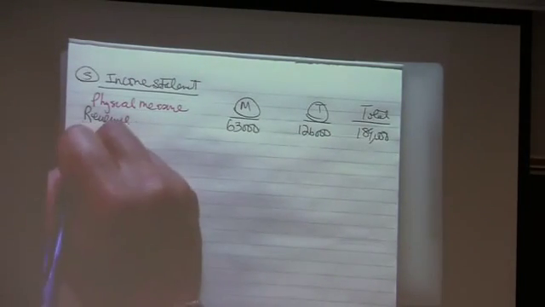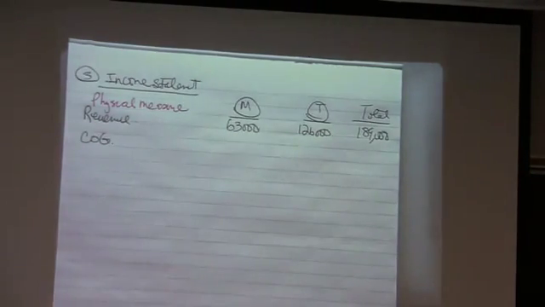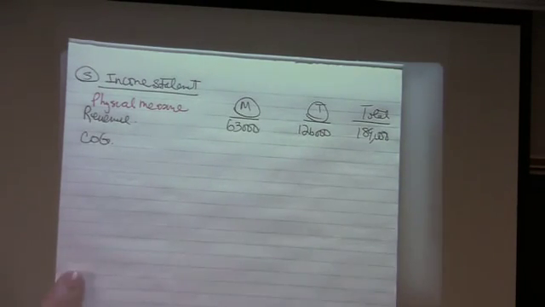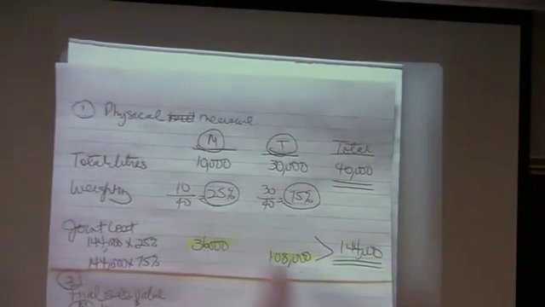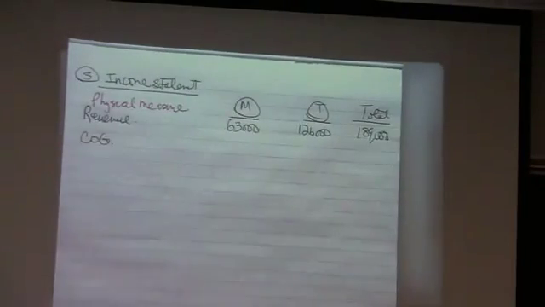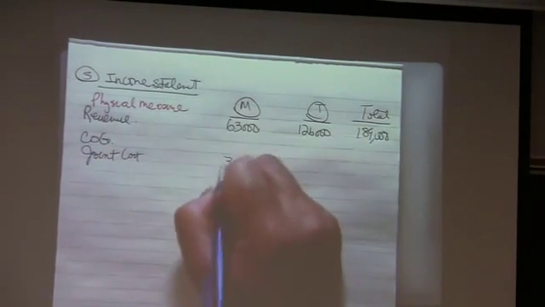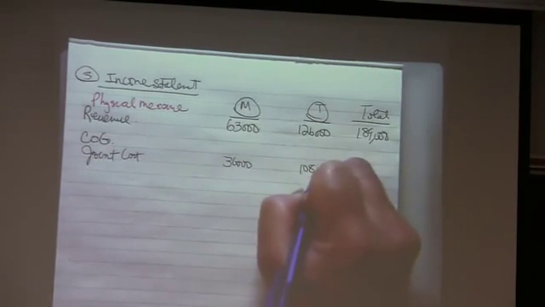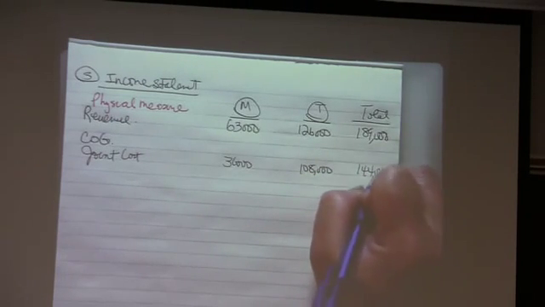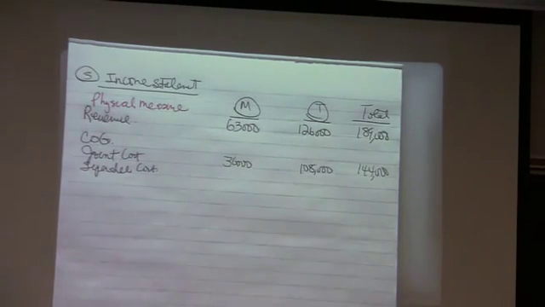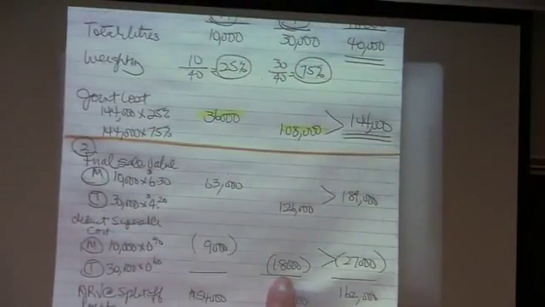Now, cost of goods sold, I'll short form that as COG. We know that the cost of goods sold includes the joint cost, 36 and 108, and the separable cost. And the separable cost we calculated was 9,000 and 18,000.